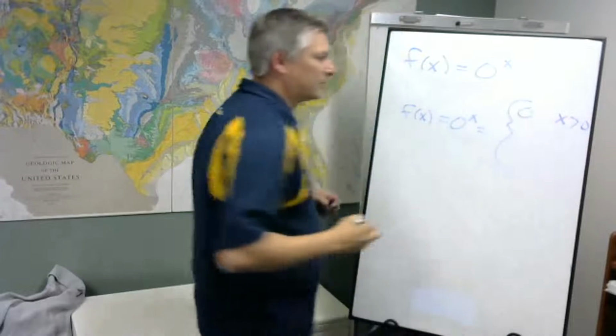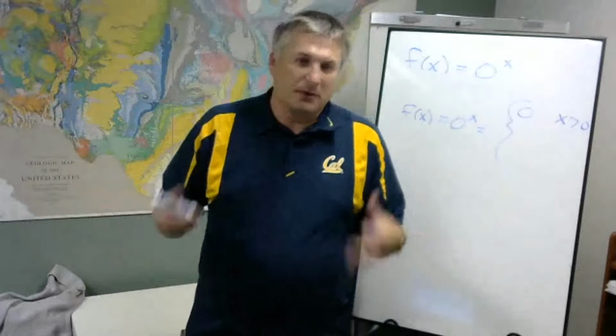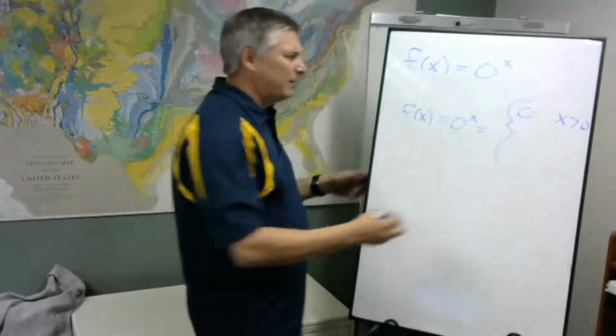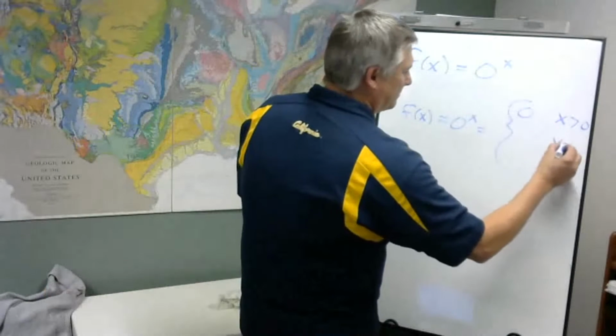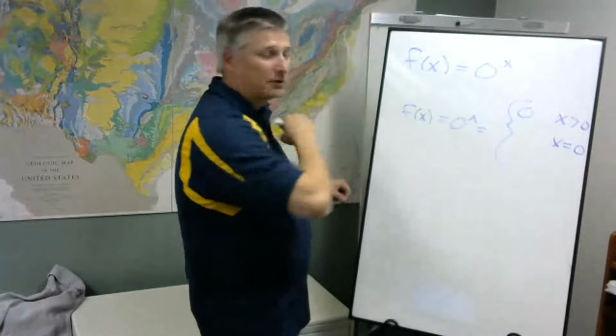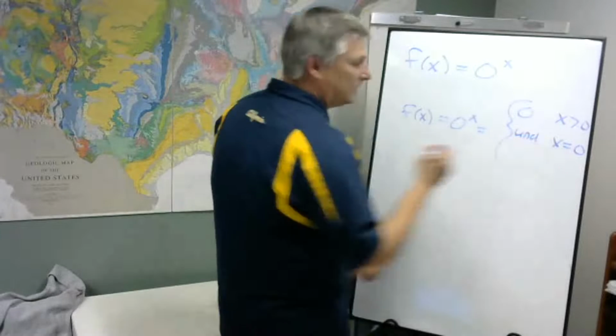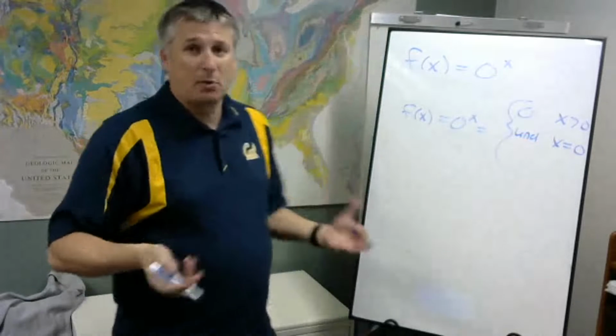well, this just becomes 0, because the square root of 0 is 0, 0 to the 4th is 0. That's perfectly fine. If x is equal to 0, though, you get 0 to the 0. That's undefined. You can't give 0 an exponent of 0.